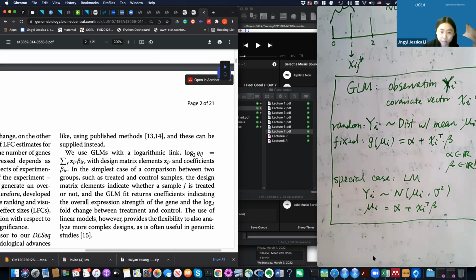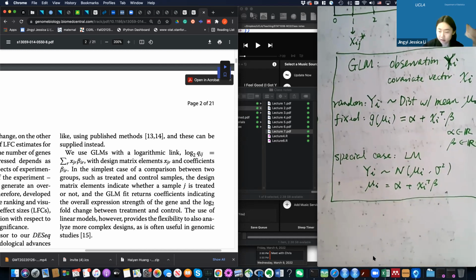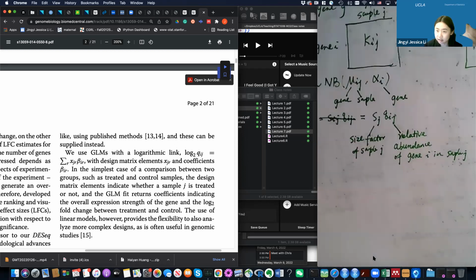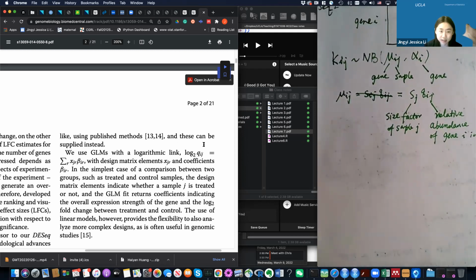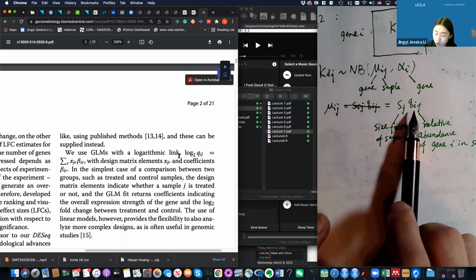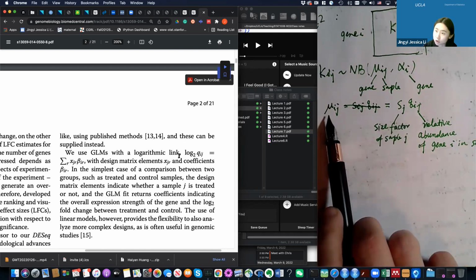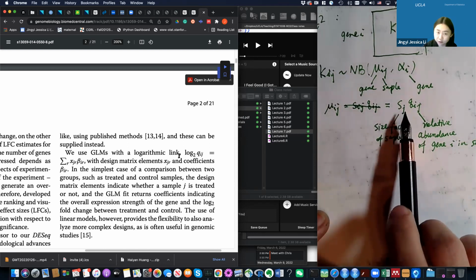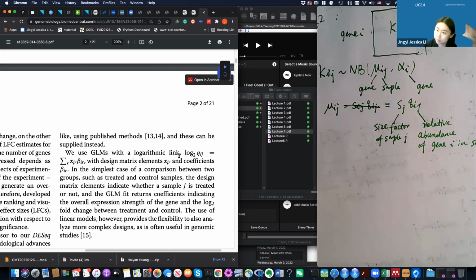Okay, so moving back to here, with this explanation, in DESeq2 they are assuming this log link function, that G function, okay? And they are putting the link function on Qij instead of mu ij, because they think the Sj factor they can deal with separately.